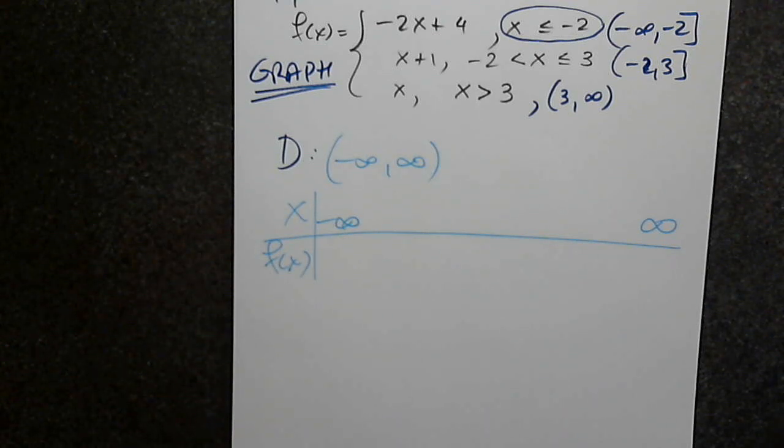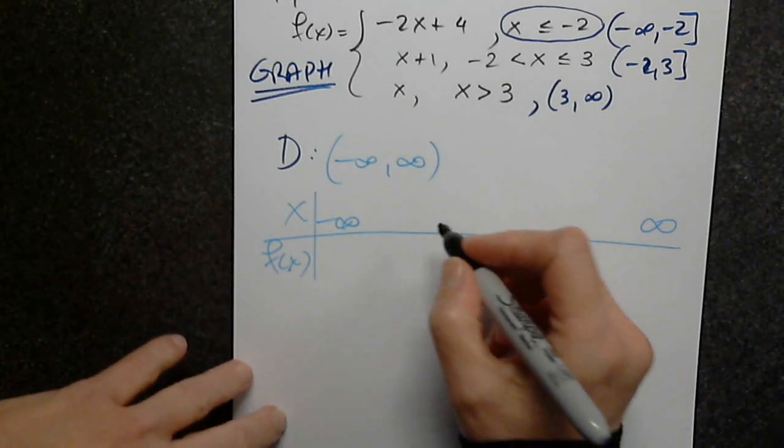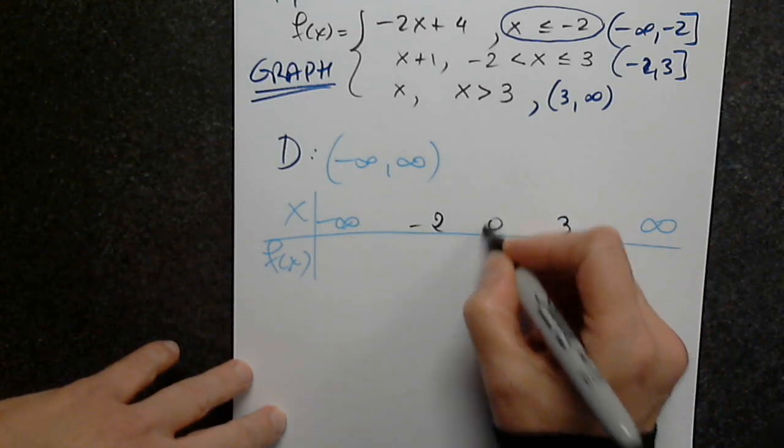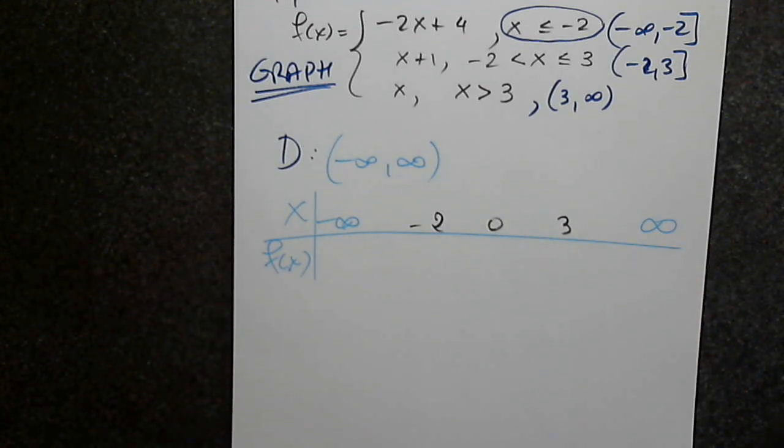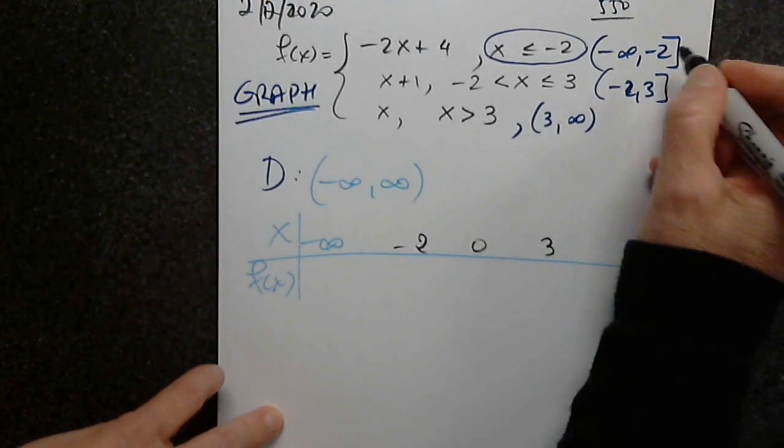Then I look at the function and I realize that it has 2 key x values that need to be in the table. Can anyone identify those key values of x? Of course, negative 2 and 3, and always remember 0 has to be there. Remember what we did last time?